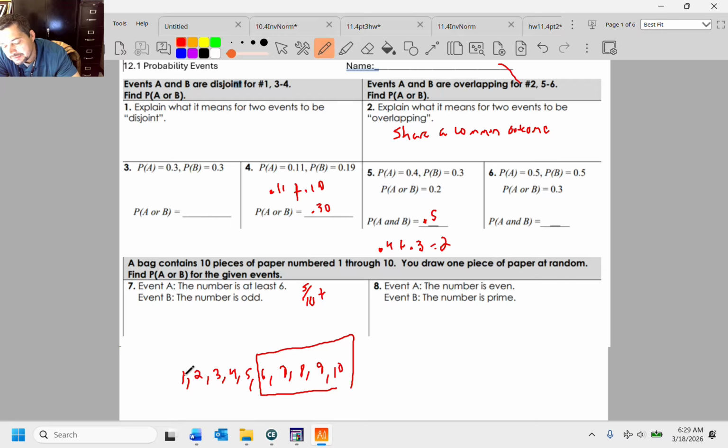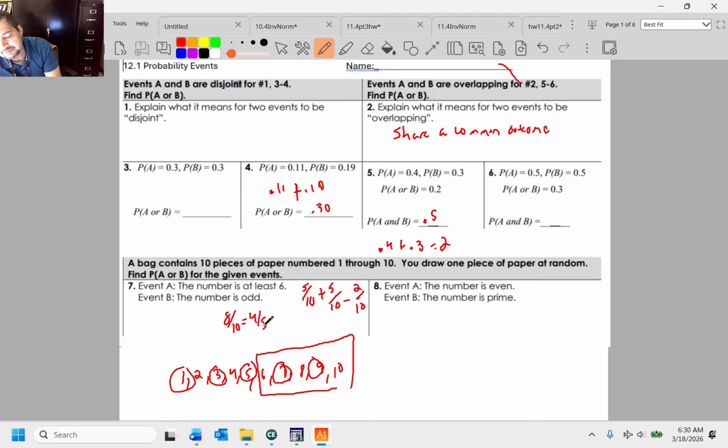Now, when you talk about this, you don't want to include things twice because there is overlap. If I do include them twice, I have to take them back away. But there are 5 odd numbers, but then I have to take away the overlap, which was 2 of them. It's this or that, but not both. Anyways, I get 8/10, which is 4/5.